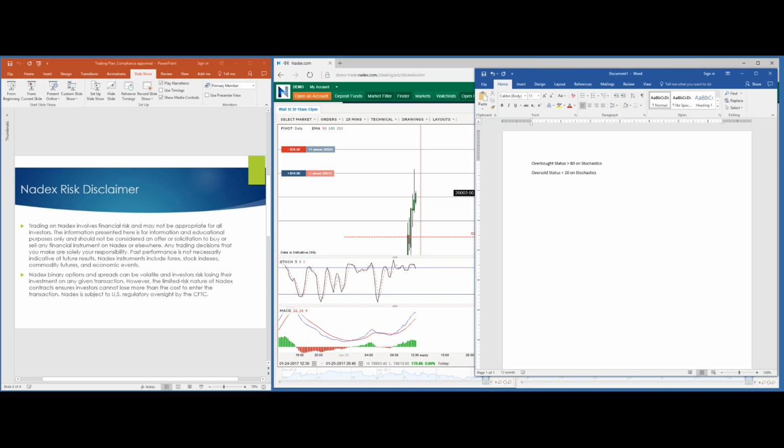Okay, I've identified now exactly what is overbought, what is a spike, what is been going up for a while. What does that mean? It means that on my stochastics it's going to be above 80. Or if it's oversold or it's been going down for a while, what does that mean? It means that on my stochastics it's going to be less than 20. Does everybody understand that?